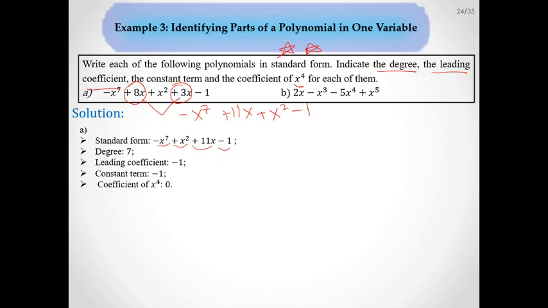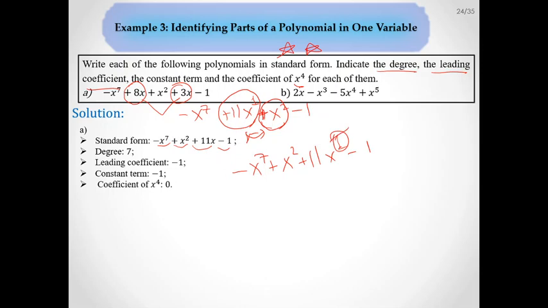But this x has degree 1, so we want to switch these two. When switching them, you include their signs. When you switch, you get negative x to the 7th power, then x squared, then plus 11x to the first, then minus 1.